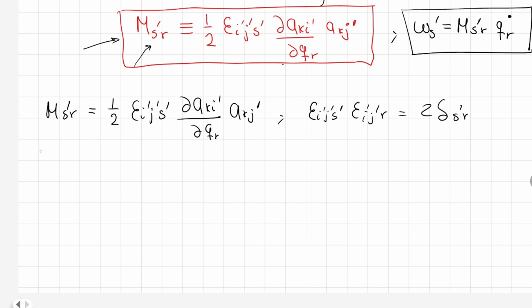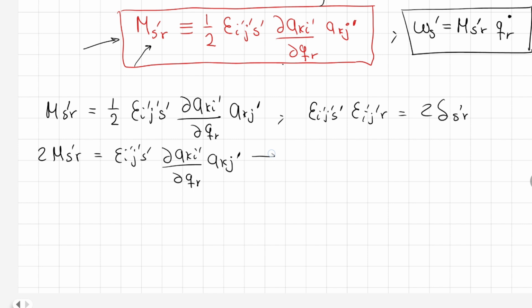We are going to get that this is 2 MSR equals the Levi-Civita IJS, the partial of AKI with respect to QR AKJ.